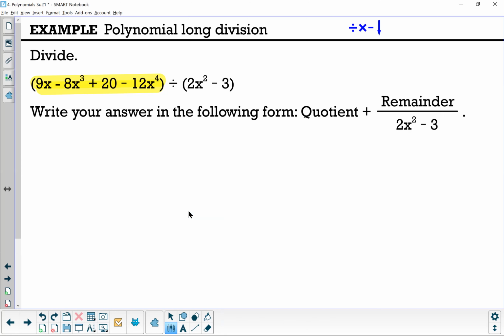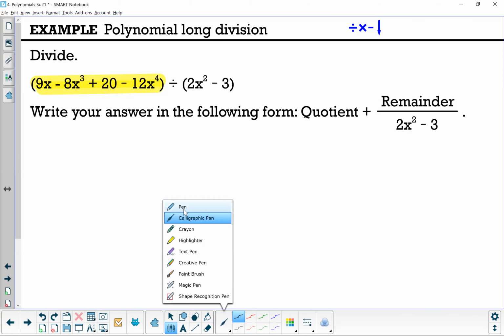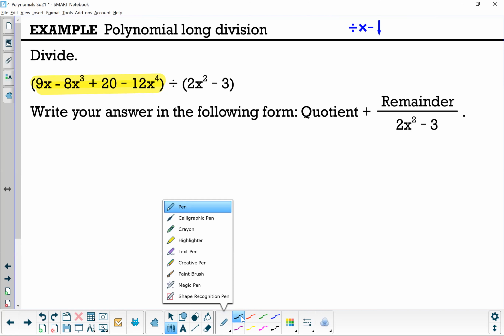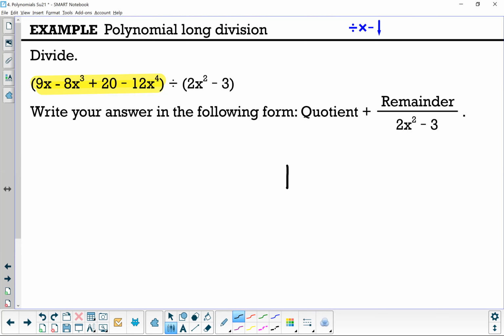So here we are going to set up our division. All right, so I'm going to set up my little carriage for my dividend. So I'm going to start with putting this in standard form. So I'm going to put the minus 12x to the 4th first. All right, now my x cubed term is minus 8x cubed.